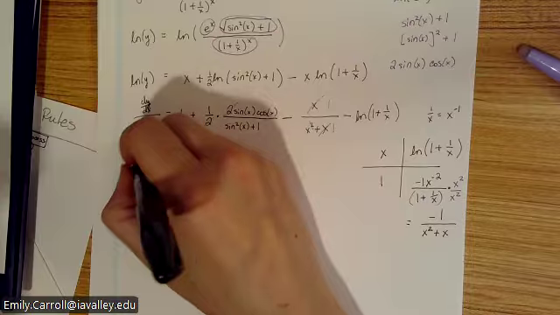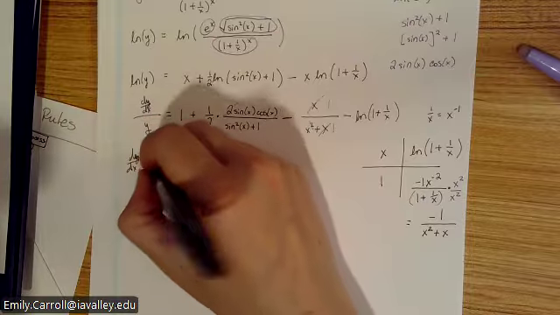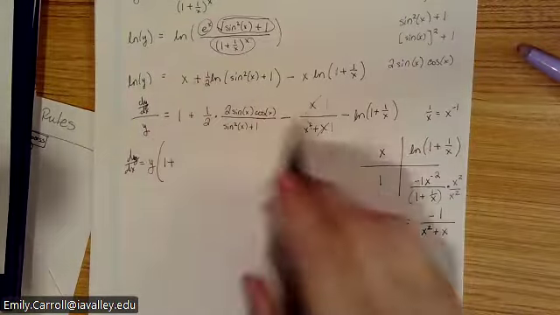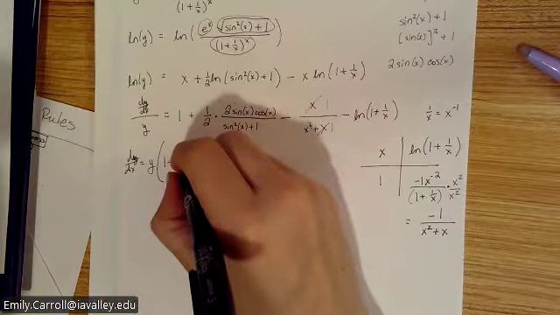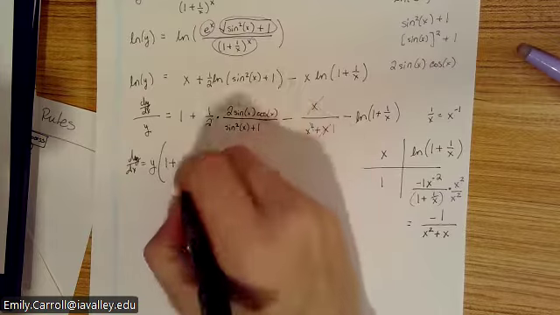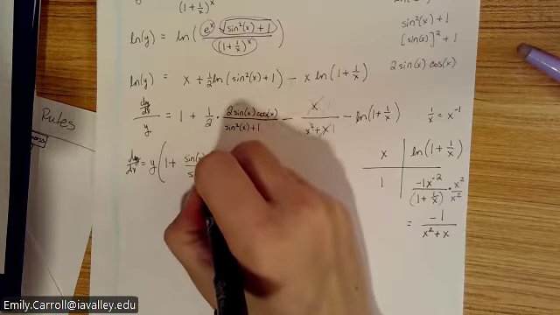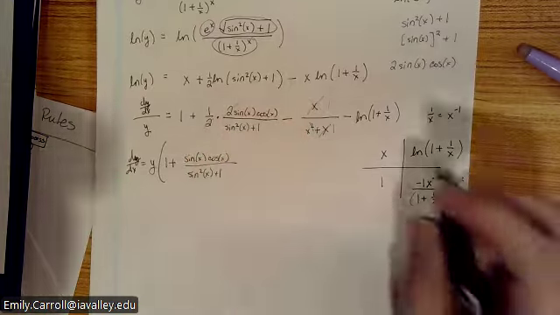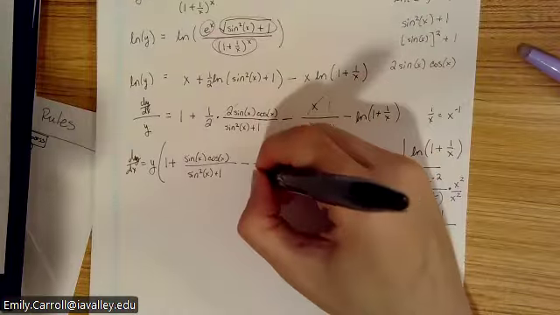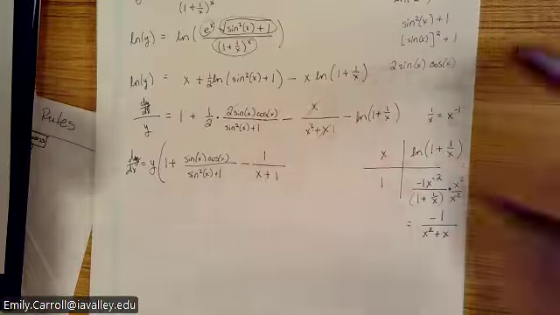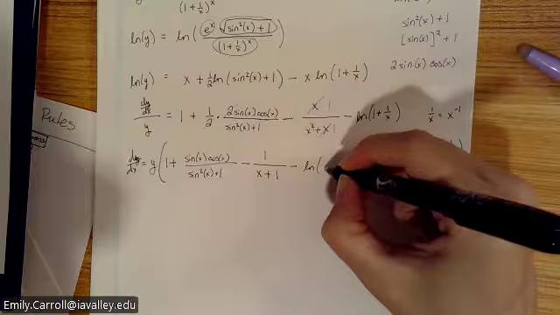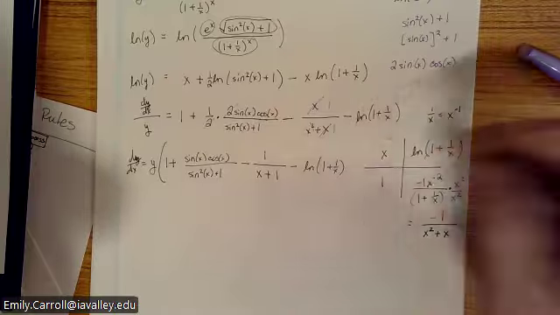So dy/dx equals y times 1 plus sine cosine over sine squared plus 1 minus, this is 1 over x plus 1 minus ln of 1 plus 1 over x.